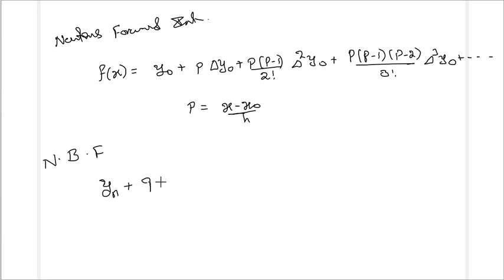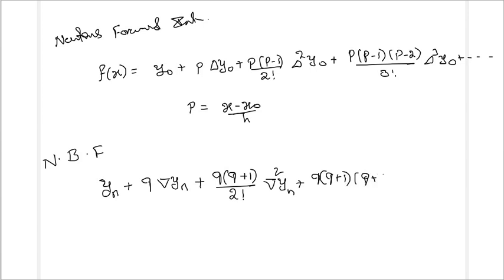Let me use q just to show the difference. q into nabla of yn plus q into q plus 1 by 2 factorial into nabla square of yn plus, and it proceeds that way, q into q plus 1 into q plus 2 by 3 factorial into nabla cube of yn plus and so on.